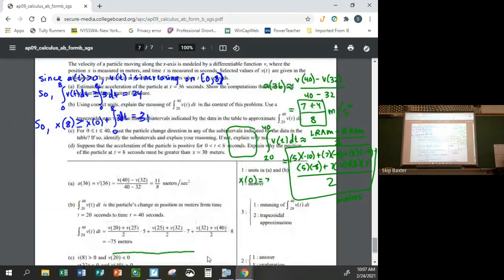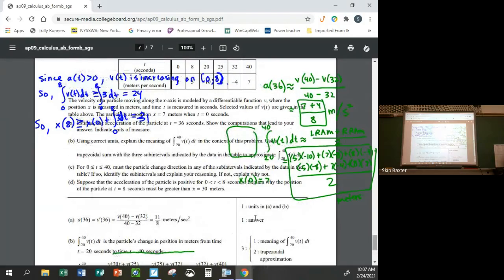Okay, so on part one, that was just 1 point. That was super easy, so that makes sense, right? Notice you had to have units in part A and B, and they give you 1 point for having the correct units in both parts.